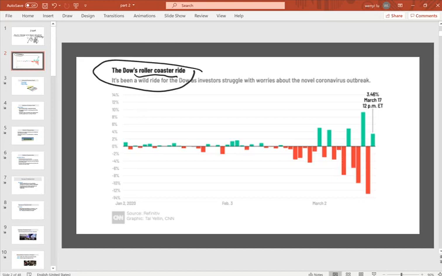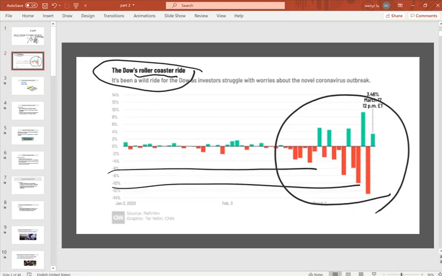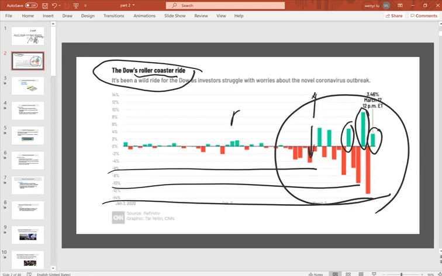For example, the Dow Jones: in just a few days it loses more than 6%, more than 10%, more than 14%, but some days it also recovers very soon. So up and down very frequently means what? Very risky.